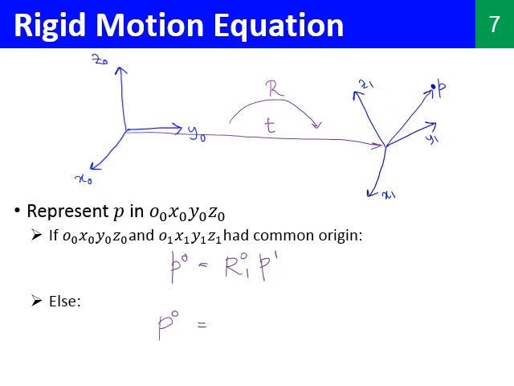So this is actually T, the translation part of these two frames, and then we have to add this part. I can straight away write the translation part, that is T1, let's call that T1 vector, but it should be represented or referenced from frame 0.